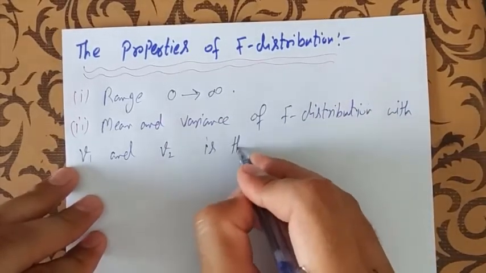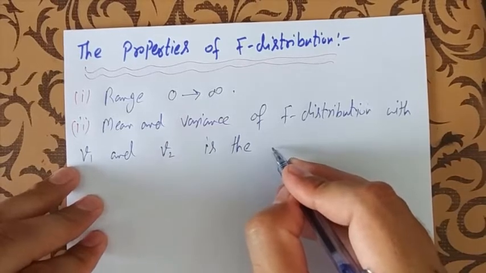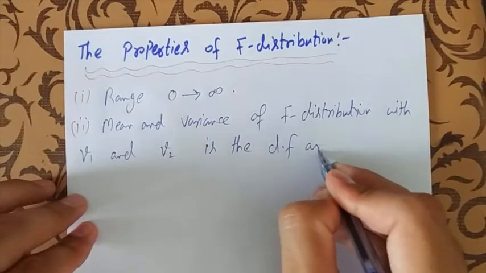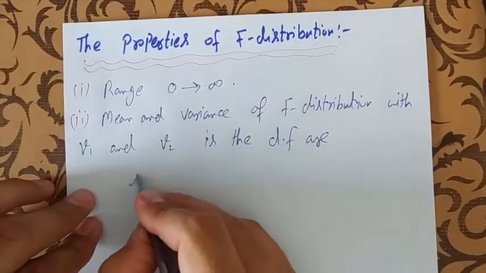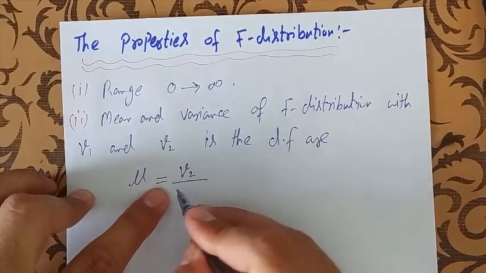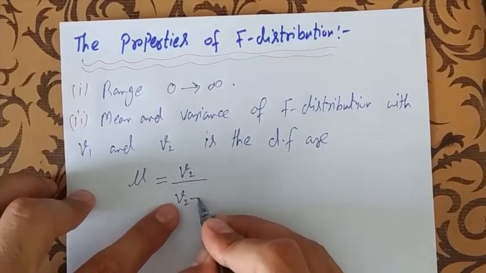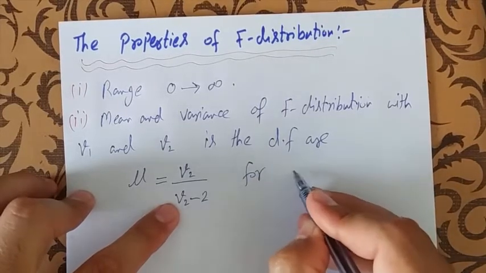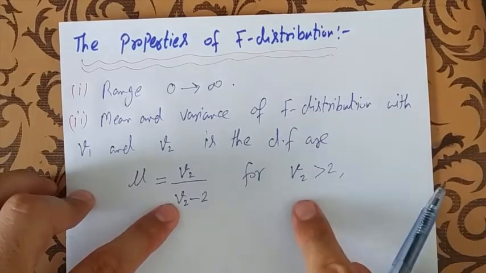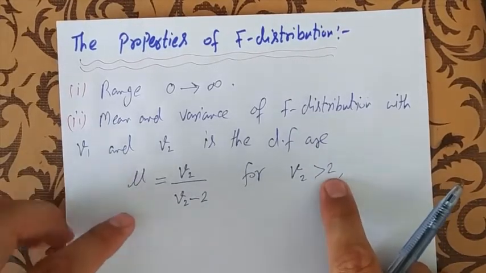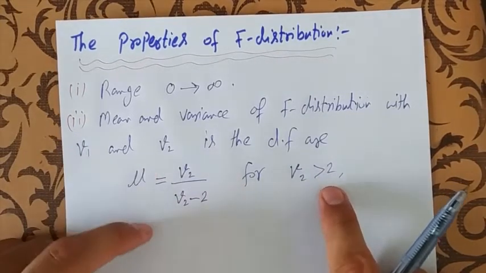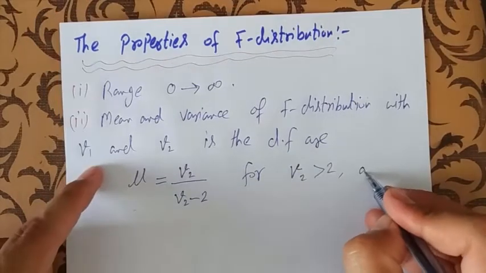The mean is equal to mu 2 over mu 2 minus 2, for mu 2 greater than 2. When the degree of freedom is greater than 2, then its mean is equal to this.